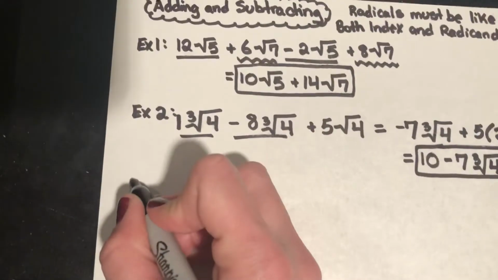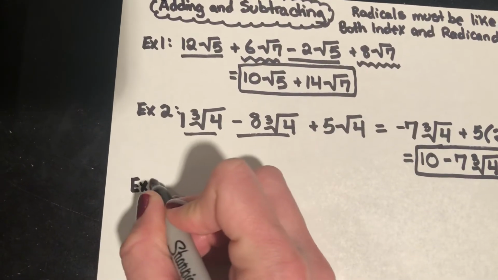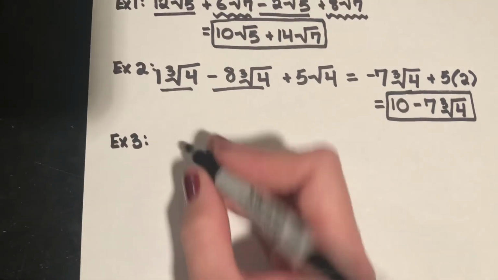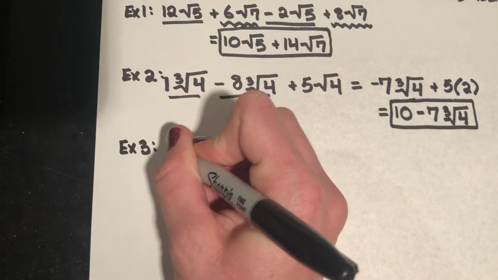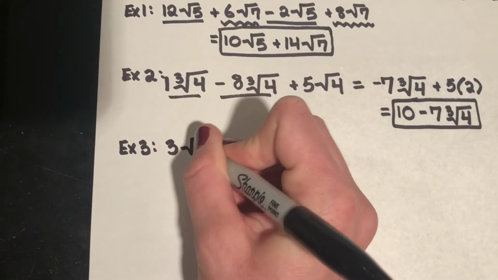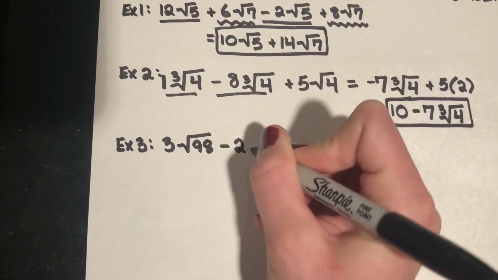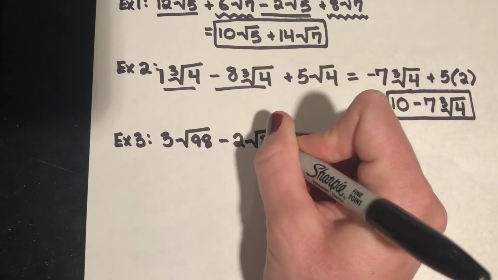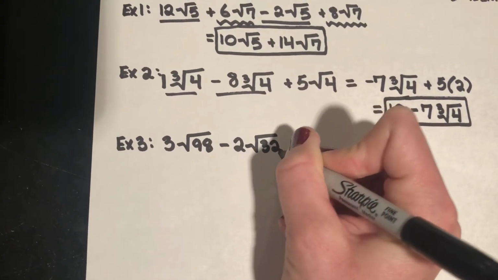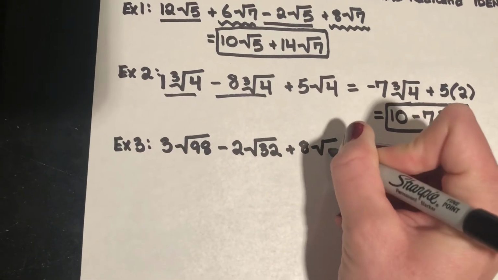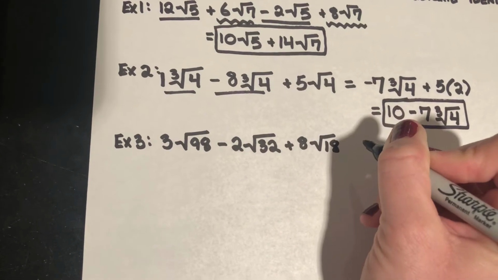All right, our last example with adding and subtracting is just going to be a bunch of numbers. We have 3 times root 98 minus 2 times root 32 plus 8 times root 18.